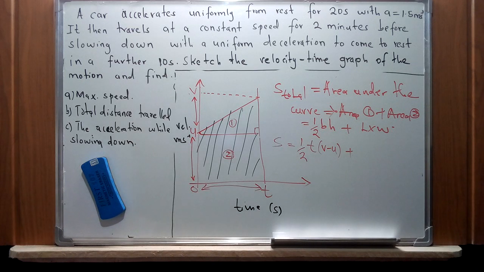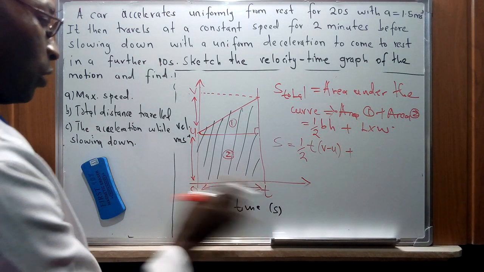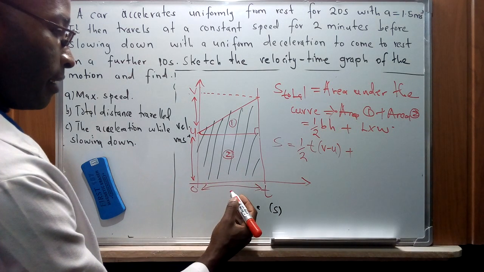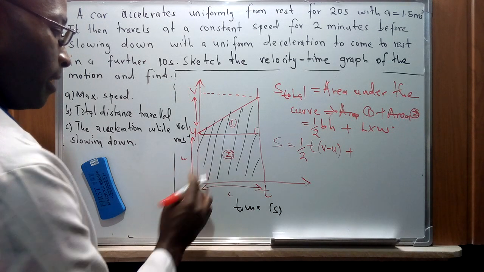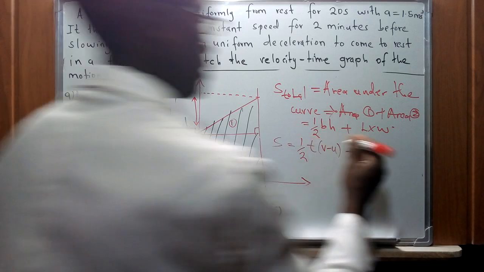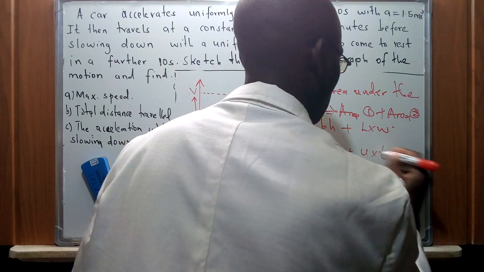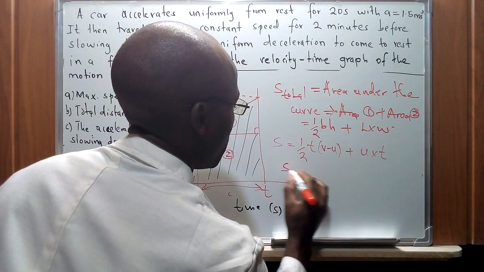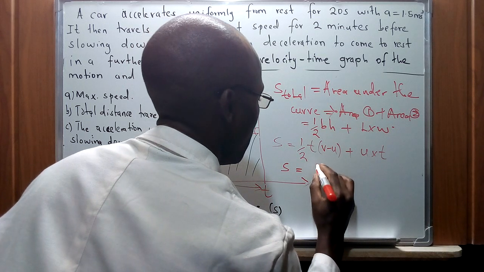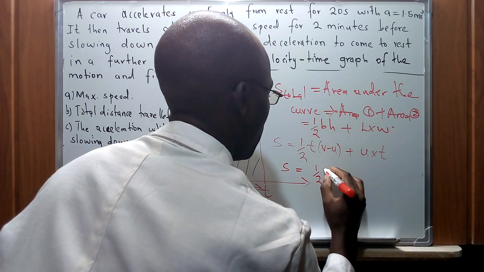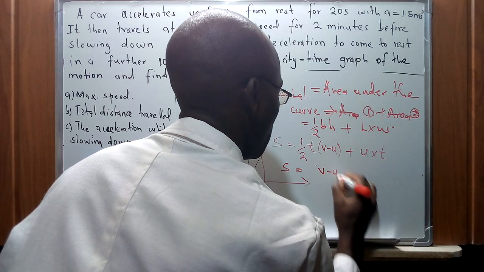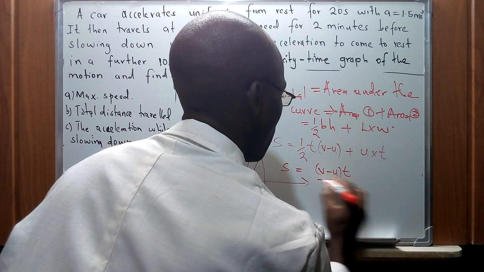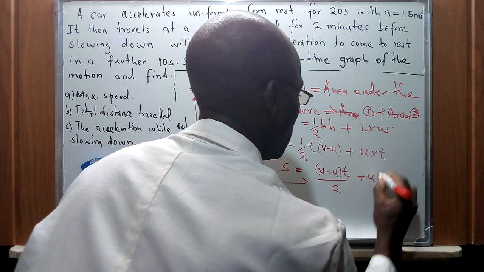No, that is t, u actually, because the length is t, and the width is from 0 to u, so it is u times t. So S will be represented as a half, or just v minus u into t all over 2 plus ut.